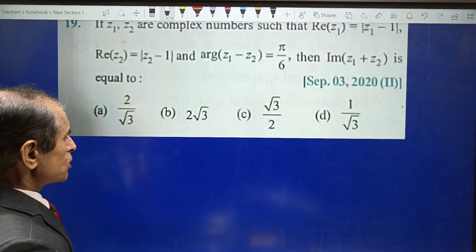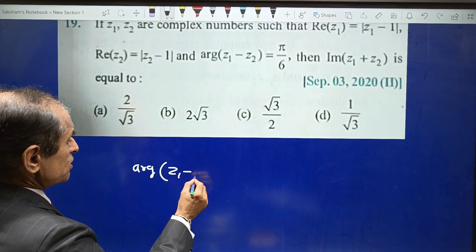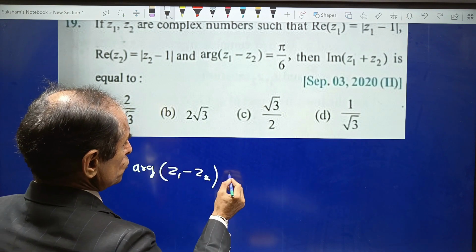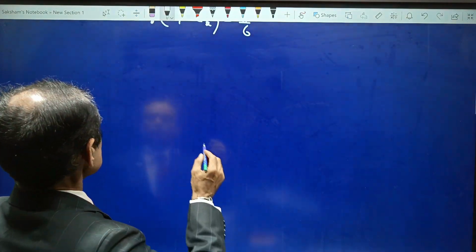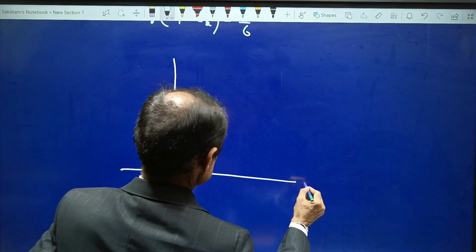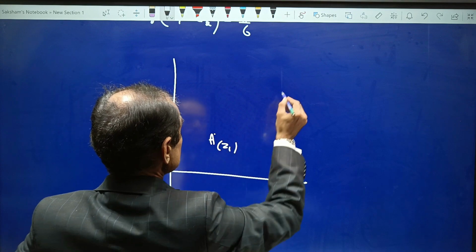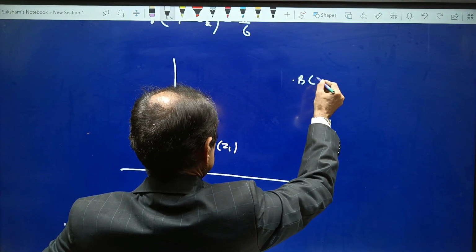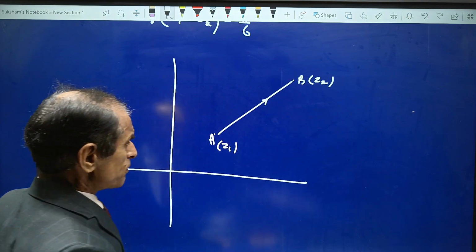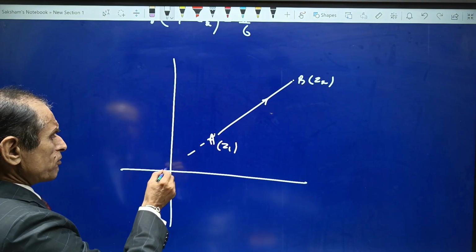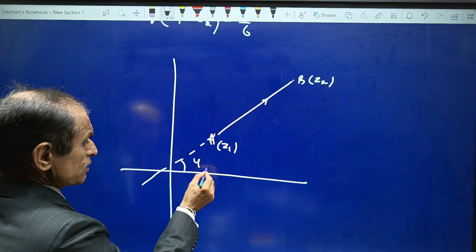Now I tell you the geometrical meaning of argument of Z1 minus Z2 equal to pi by 6. Remember that if A is a point having affix Z1, B is a point having affix Z2, and this is AB vector, and I produce it backward, and this angle is say 40 degree.